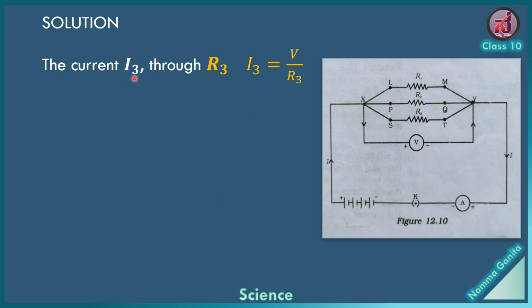The current I3 through R3 is I3 is equal to V divided by R3, the voltage across the battery divided by R3, that is equal to 12 divided by 30, that is equal to 0.4 ampere.